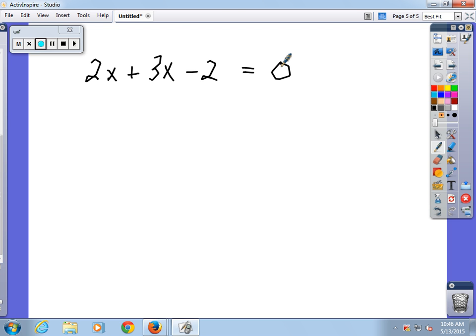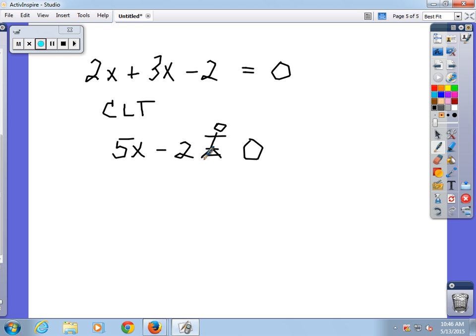Now this is an equation. And of course, we're talking about pre-algebra, Algebra 1, somewhere in there. What's the first thing you're going to do? Combine like terms. And that's going to give you 5x minus 2 is equal to 0.